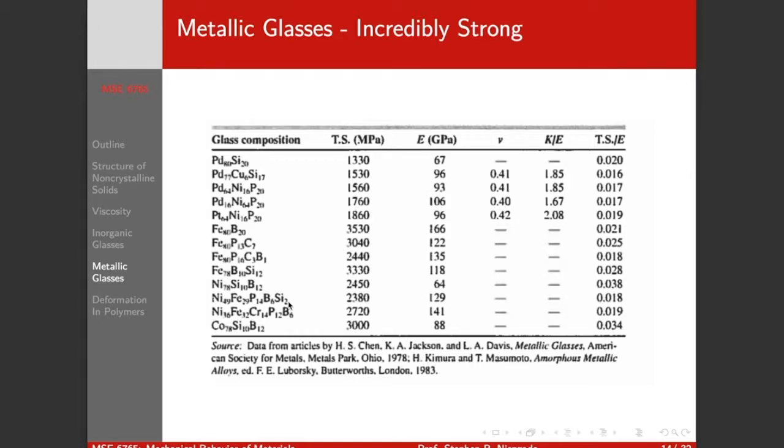Okay. Metallic glasses, on the other hand, are exceptionally strong materials. They have very high yield strengths. These are some older glasses. There's newer glasses based on copper zirconium system.